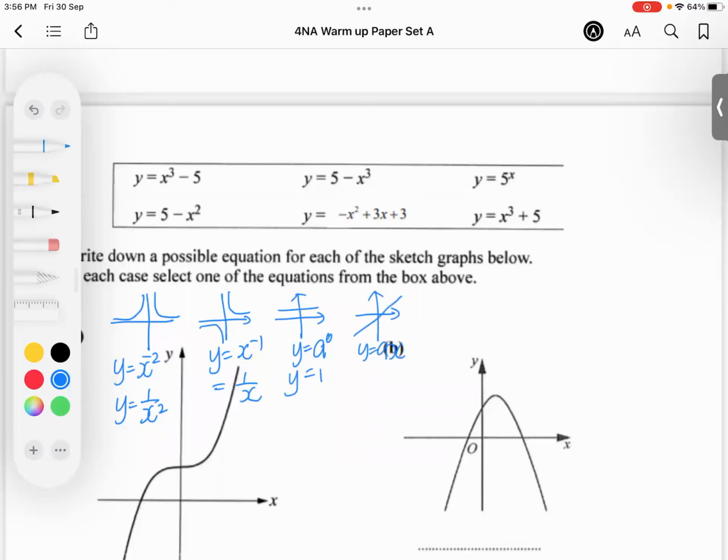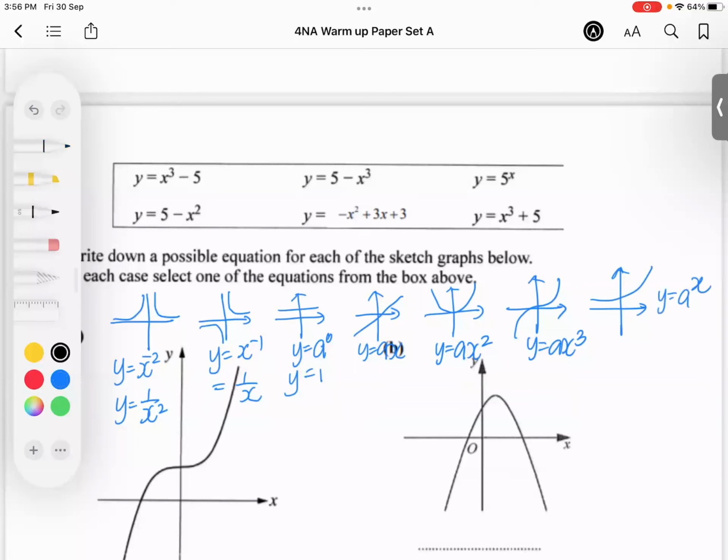This one is a straight line, you all should know, right? Then next, quadratic equation, smiley face, y equals ax squared. Next, the one with the snake, y equals ax cubed. Last but not least, this one is a little bit different. Exponential, y equals a to the power of x. The power is my x.